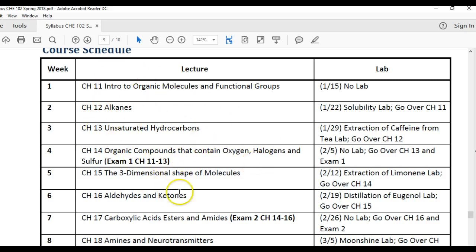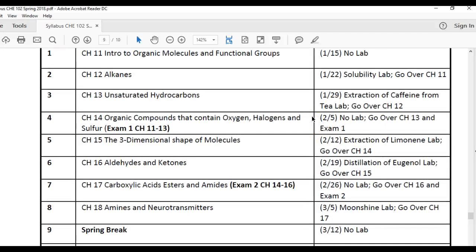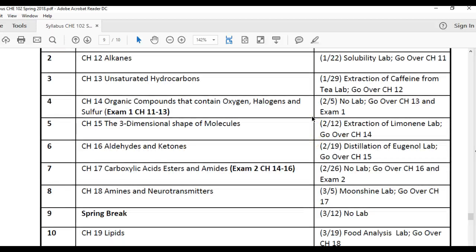This is really understanding organic and biochemistry, where 90% of the chemistry actually occurs in our everyday lives. So we're going to be learning some really cool stuff, especially since most of you are nurse majors. This pertains more to the area that you're interested in. All right, so I will see you on Monday.